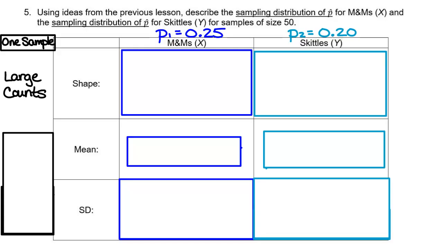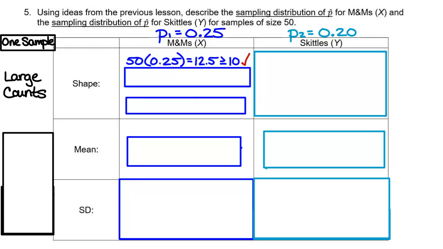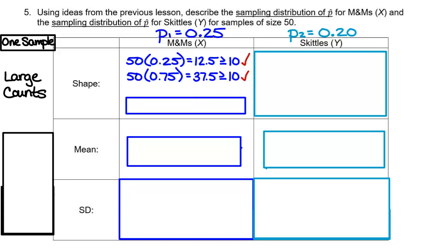Do we get large counts for M&Ms? Yeah, what is n times p? 12.5, and we need it to be 10 or larger. We got 10 or more. What is n times 1 minus p? 37.5. That's 10 or larger, which means this is shaped approximately normally.